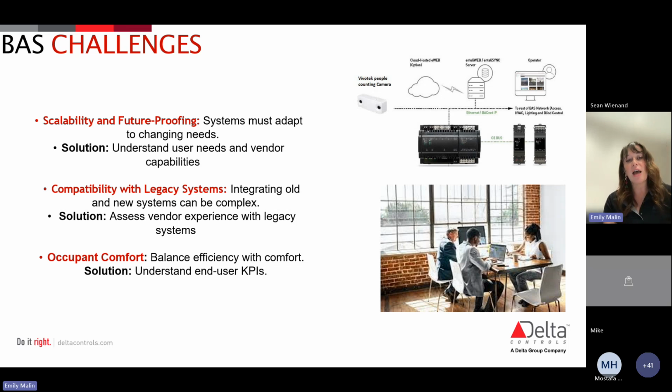The solution to this is really about talking with your user up front and saying, okay, what are your KPIs? Do you want to focus more on energy usage? Do you want to lean towards that really trimmed down version? Or do you want to focus more on occupancy comfort? And being able to figure out what strategies need to be employed on both to get them to the point that they want to be at when incorporating their building automation system.